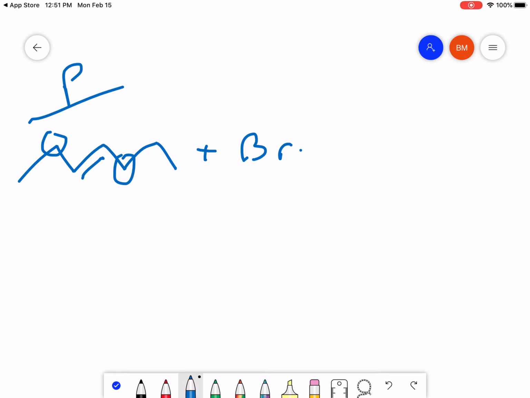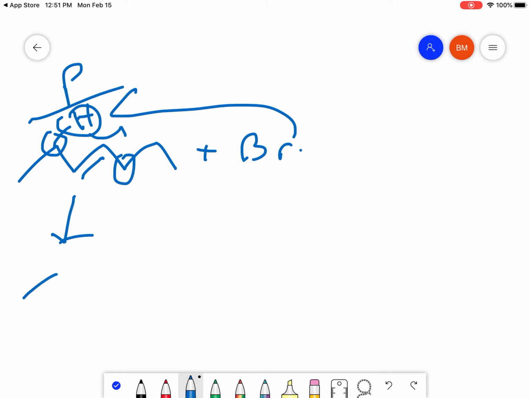Remember, whenever you conduct this propagation step, what you do is you have the Br radical abstracting an H radical from your allyl position. If you did this, you would get this particular radical, right?